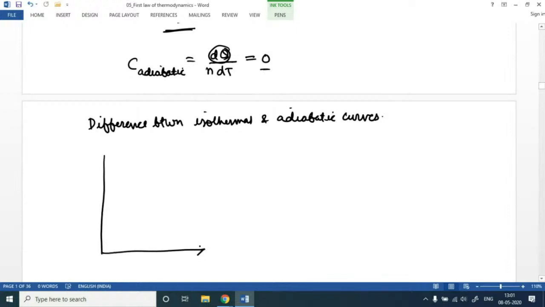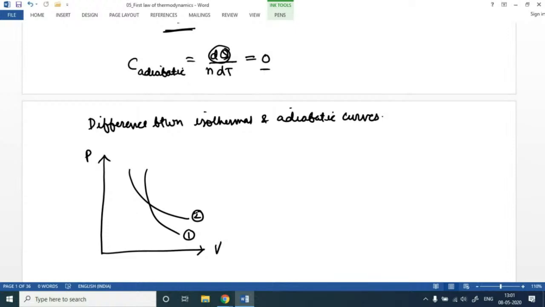One is PV equal to constant, and another is PV to the power gamma equal to constant. So let's say on a PV plot we have been given two curves, let's say like this. This is curve number 1 and this is curve number 2, and we don't know which one is which. We know that one of them is adiabatic and the other is isothermal, but we don't know which is which. So how are we going to find that out?